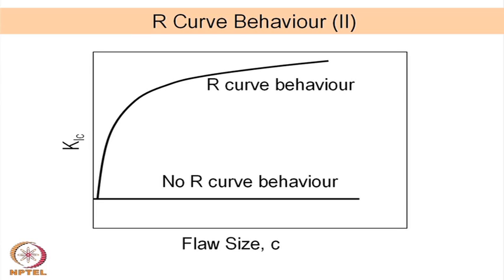Of course, it does not increase continuously. Initially it increases and then a kind of steady state is reached between the propagation of the cracks and the strengthening mechanism. So, at a certain stage it becomes more or less constant once again.